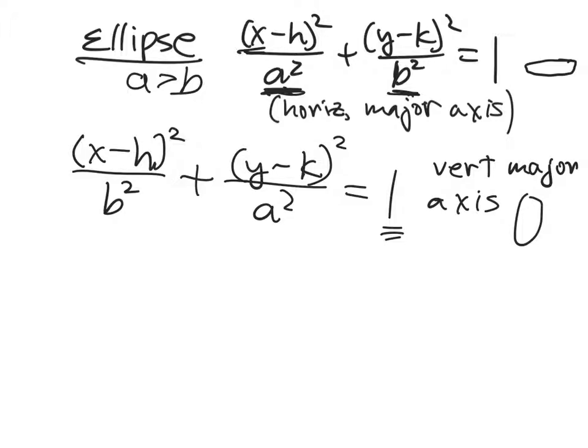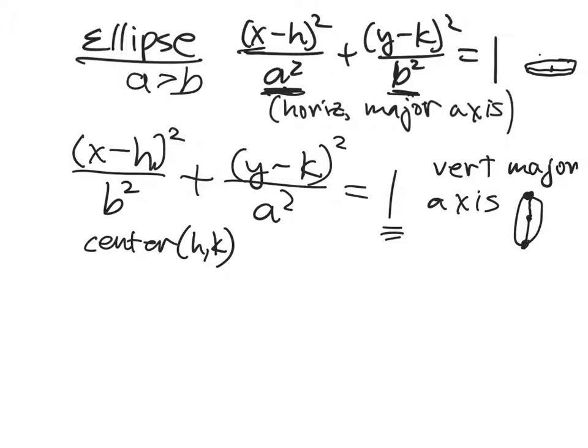Again, (h, k) is your center. So that's going to be the beginning of finding all this. Then a goes from the center up and down to the vertices.